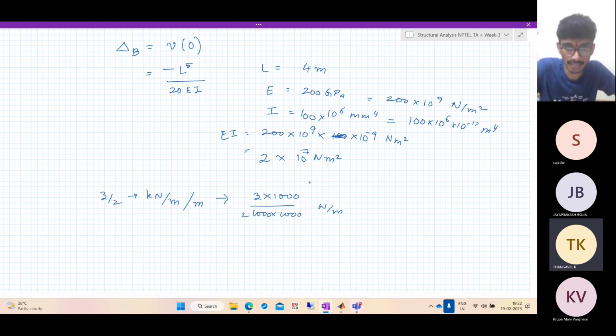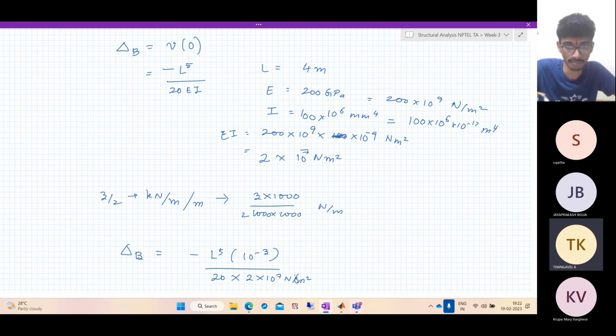So there's another factor that needs to be multiplied here if we want the answers in meters. The delta B will be minus L power 5 into this factor, which is 10 power minus 3, divided by 20 into EI, which is 2 into 10 power 7.